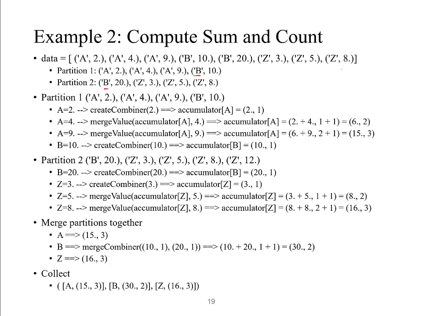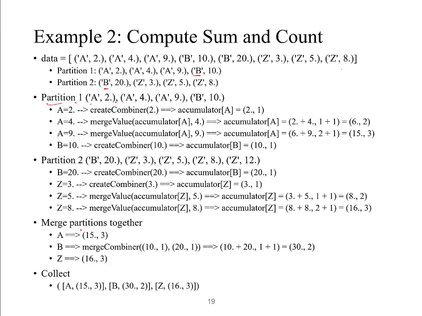All right. So we do create combiner and merge value in each of the partitions. So we handle each of the partitions first, then we merge partitions together, which is where we use merge combiners. Okay. So for partition 1, we have A2, A4, A9, and B10.